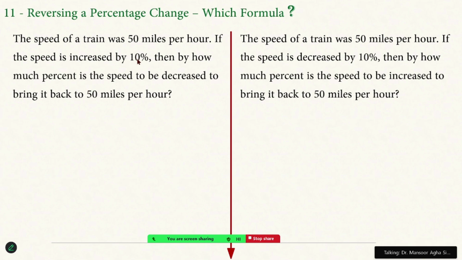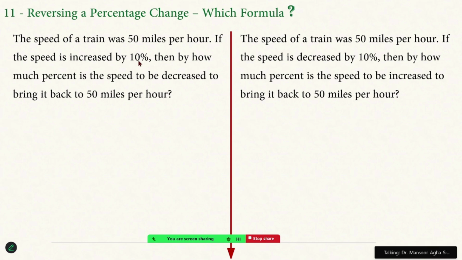And then we had to decrease that 55 to get the final value, which was 50. In the second question, which we just did, the initial speed of the train was 50 miles per hour. This speed was decreased by 10%, so it became 45. And then this 45 miles per hour had to be increased by a certain percentage value in order to get a final speed of 50 miles per hour.